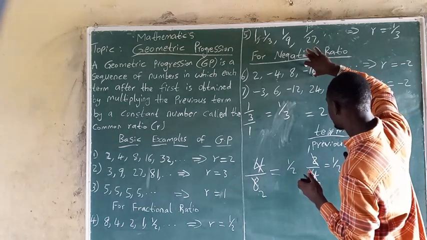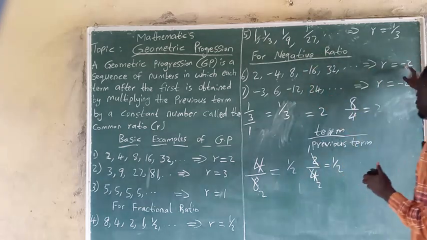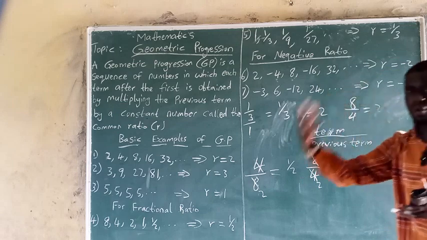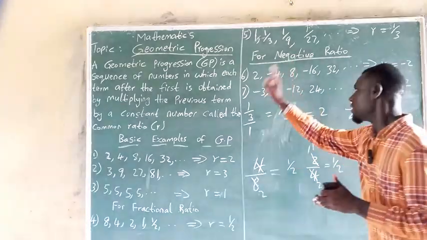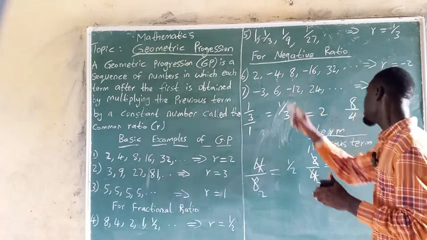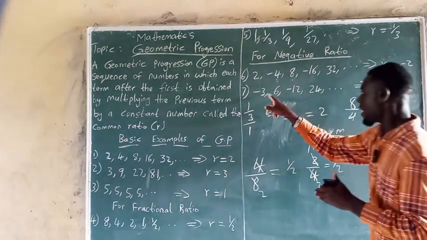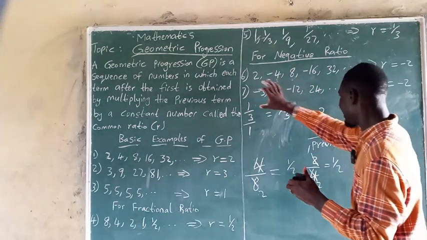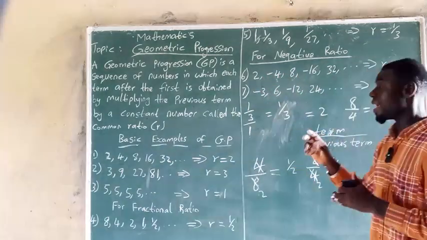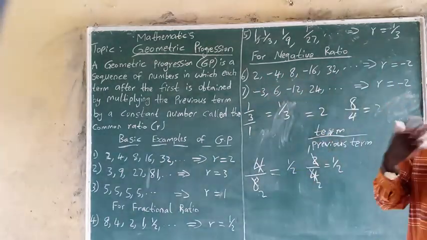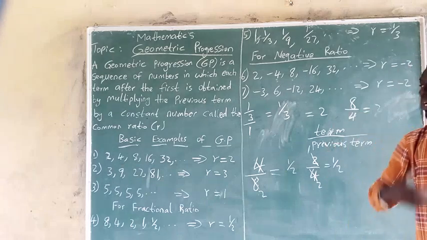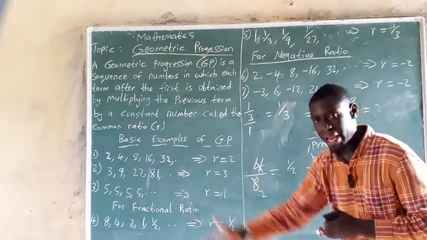When minus 16 is divided by 8, you have minus 2. So the common ratio, the constant that you use to multiply each term to get the next, is minus 2. As long as a negative is present, most of the time your common ratio will end up being negative.